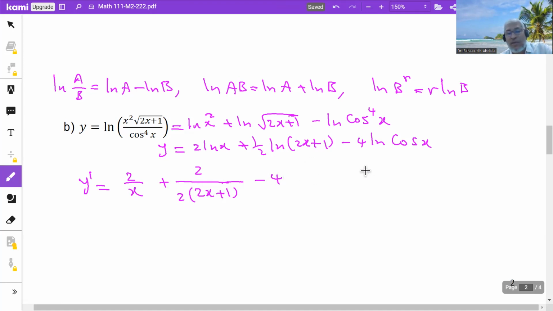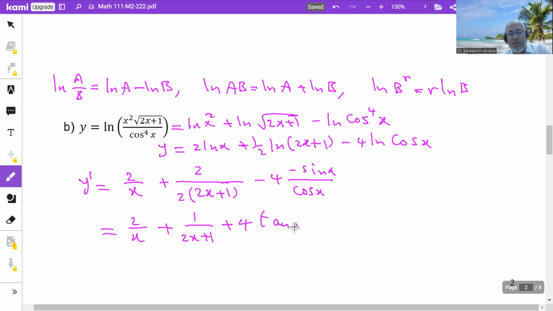And then derivative of ln cosine is 1 over cosine times the derivative of cosine, which is negative sine. You can finally cancel 2 with 2 and write it 1 over 2x plus 1. And here you can multiply the negative times the negative and write it plus 4x sine over cosine, or you can just write it tan.